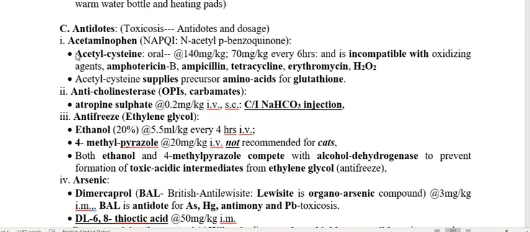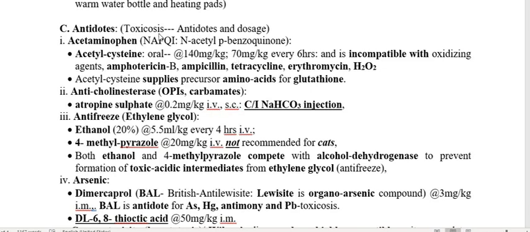N-acetylcysteine is the agent we usually give to enhance the concentration of glutathione. So N-acetylcysteine is used as antidotal therapy for paracetamol toxicity, and the dose is 140 mg per kg. If you give divided doses, then the dose of N-acetylcysteine is 70 mg per kg body weight, 6 hourly.